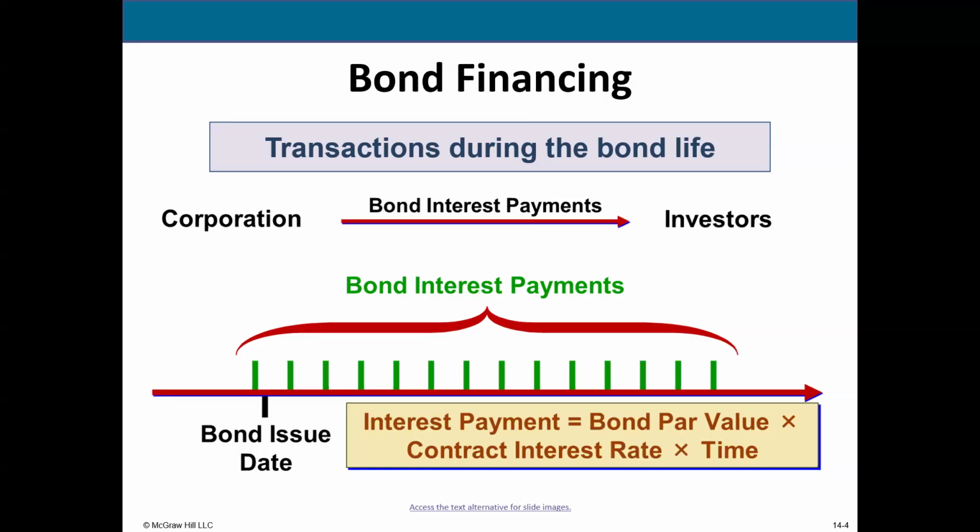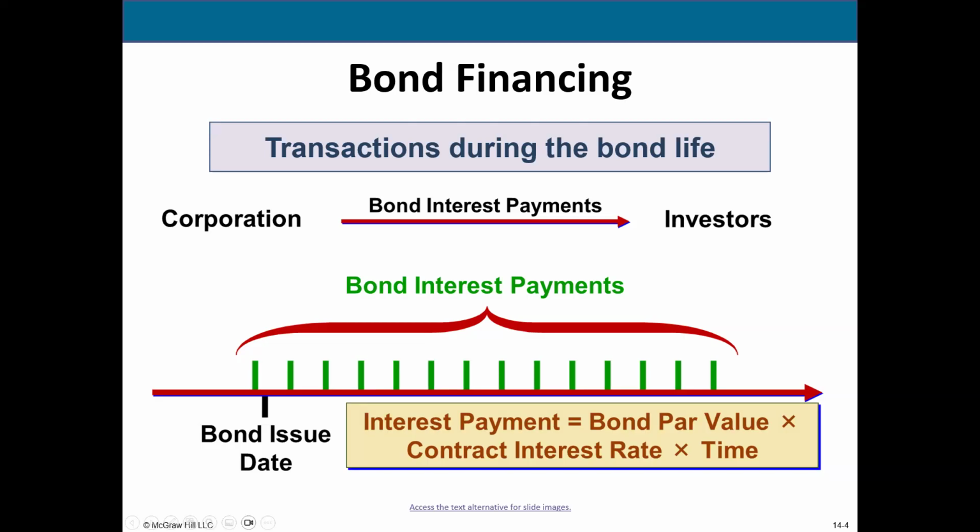And then at the end of the bond, which is called the maturity date, the investor will receive the face value or the par value back. That's how bonds work. Once again, very similar to the way that a lot of bank loans work.